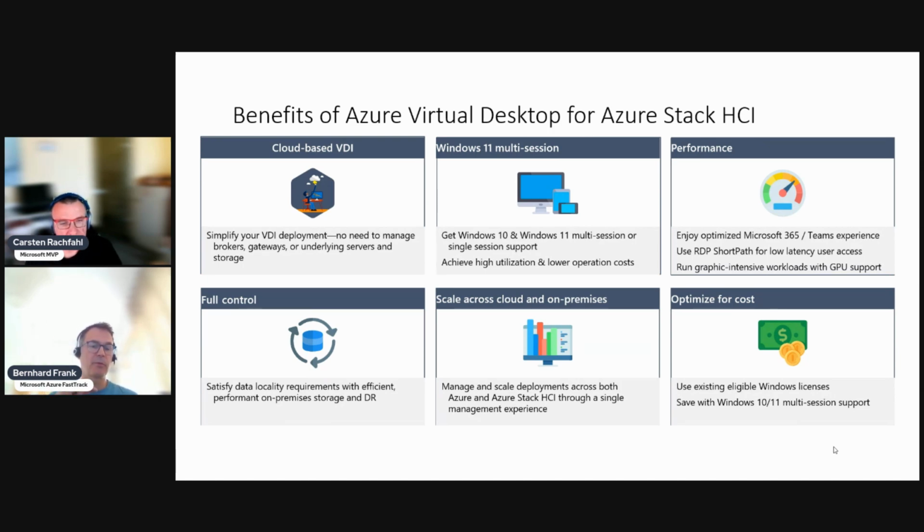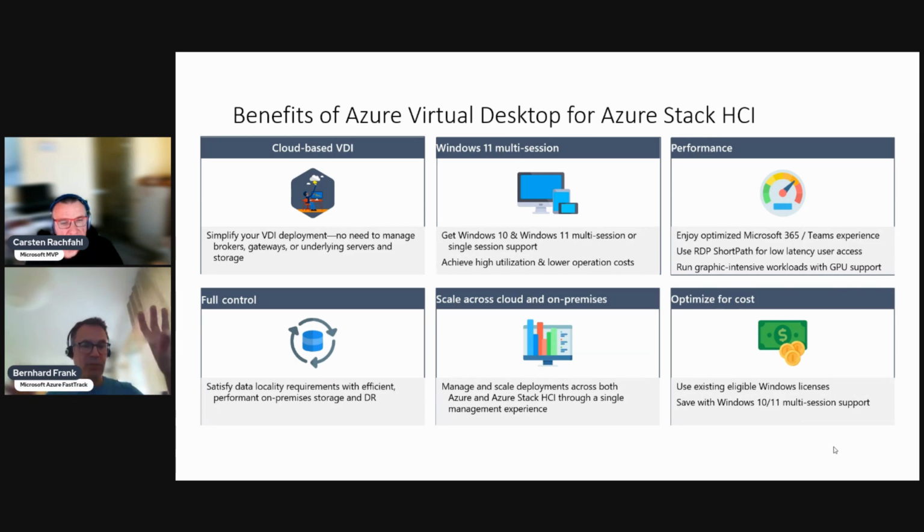And don't think only from the application or the desktop's perspective, because what do you put on these desktops? Most of the time you put applications on the desktops. You might be able to put the desktop in the cloud or into Azure, but not the backend, meaning the SQL server or whatnot. And it would not be an ideal scenario if you don't have a VPN connection between those two systems and have a lot of database calls going back and forth.